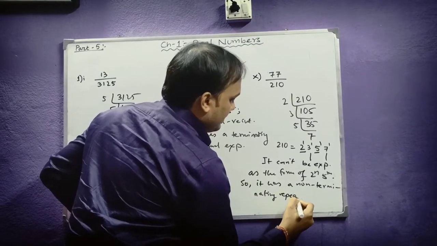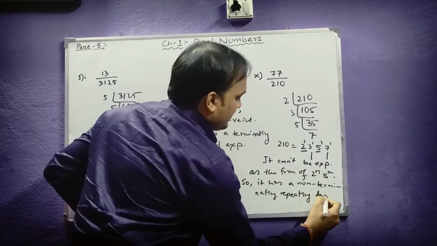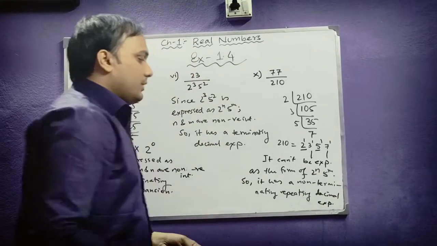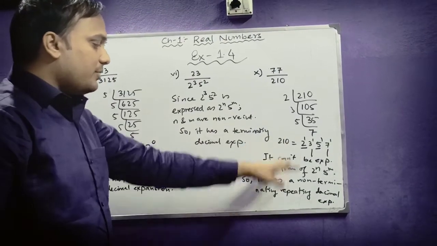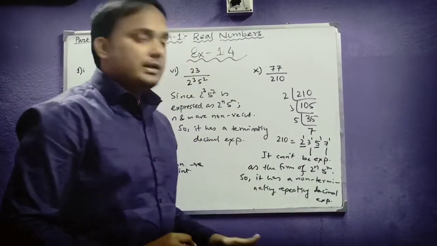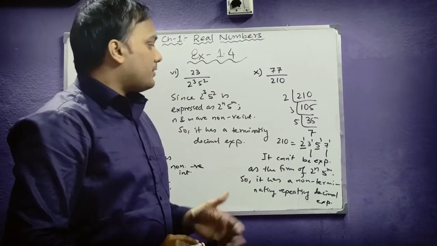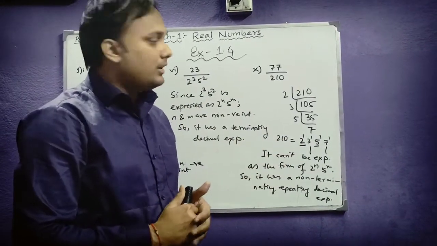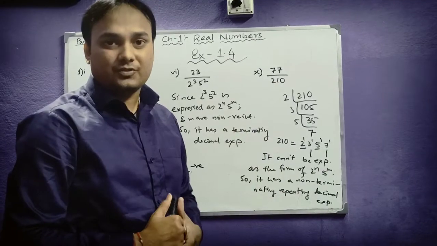So we conclude that it has a non-terminating repeating decimal expansion. So these were the 3 different questions of question number 1. With the help of this, you can solve the other questions also. Let us move on to our next question.